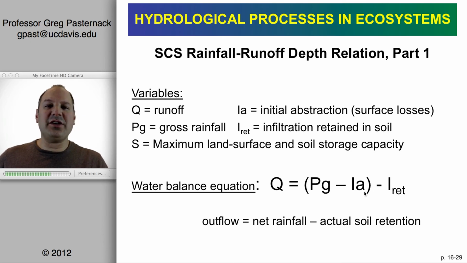So initial abstraction is lots of things lumped together. And even the infiltration retained in the soil could be a lot of different specific stores that are holding that water. So here's a water balance equation.